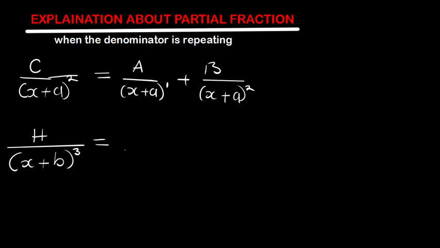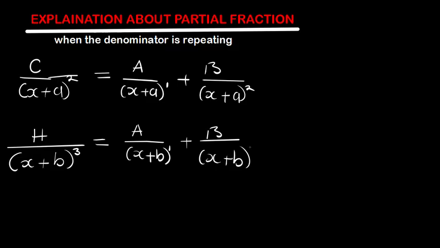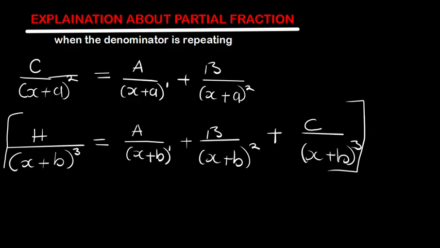So it will be a over x plus b to the power 1, plus b over x plus b to the power 2, plus c over x plus b to the power 3.